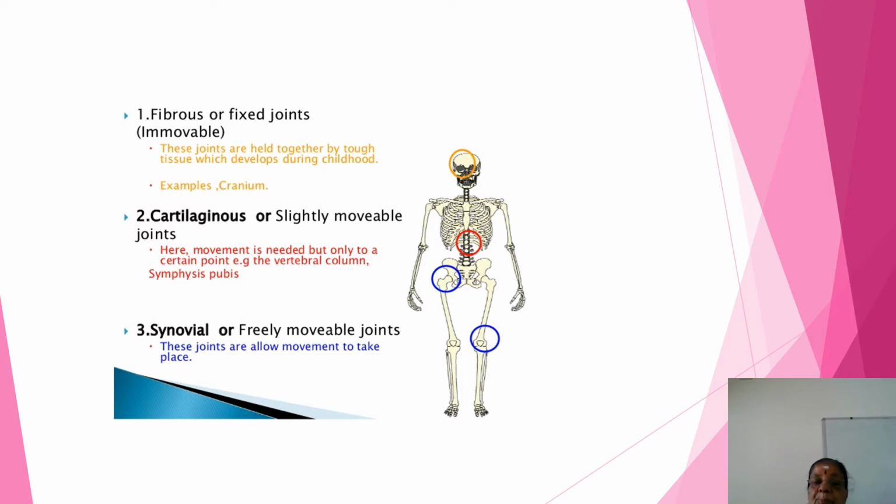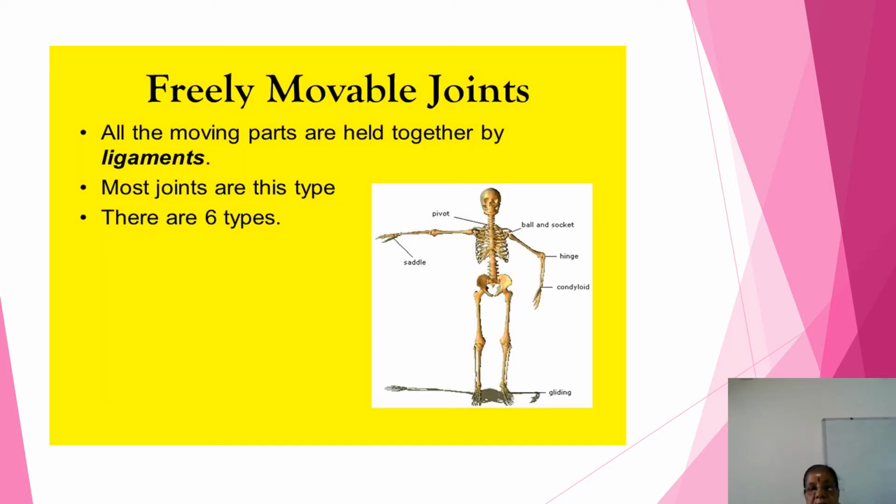Then there are two blue circles, one on the hip region and another on the knee region. They are freely movable joints. I hope you understand. So these are the types of joints: fibrous or fixed joints, cartilaginous or slightly movable joints, and synovial or freely movable joints. Okay. The next one, freely movable joint.